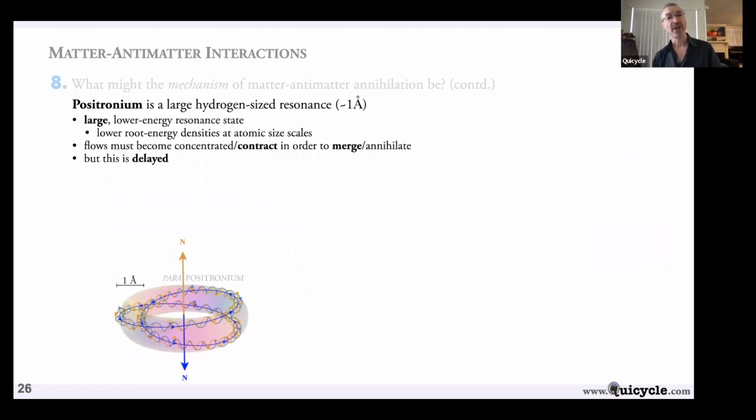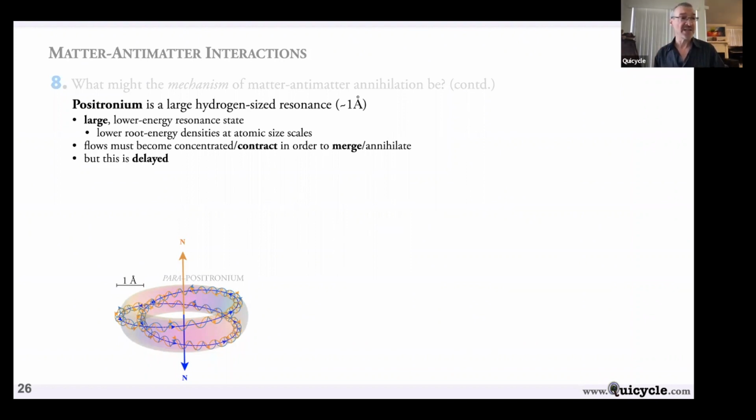So positronium is, first of all, a large resonance. It's about the size of the hydrogen atom, which is much bigger than the isolated electron or positron are. So being larger, that represents a lower energy resonance state. Perhaps we might think of it as a lower energy fundamental of the higher energy harmonics that are the smaller particles. Also, we might understand that in this larger volume of space, these root energies are also going to have lower energy densities, which means that it's possible to conceive that these flows will not have contracted or interfered with one another to the extent that they are disrupting their coherences yet at this larger stage.